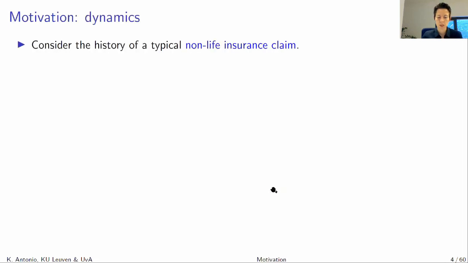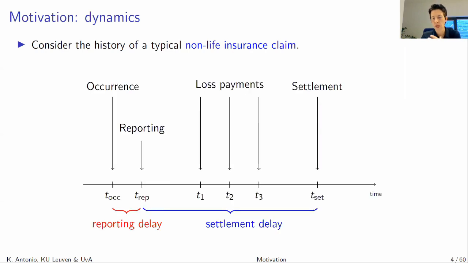Good. So let us start with the motivation. So we're going to look at the dynamics in an insurance claim. What we want to do here is look at the history of a typical non-life insurance claim. And I'm going to identify the following interesting events that can happen during the lifetime of such a claim.